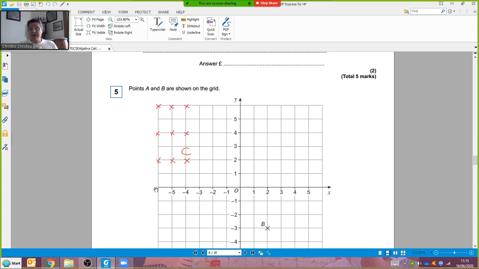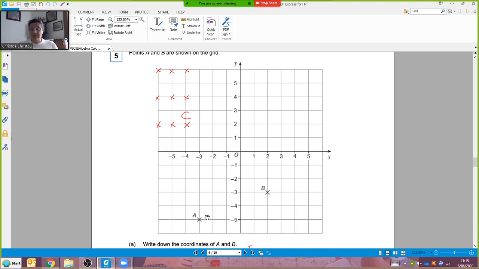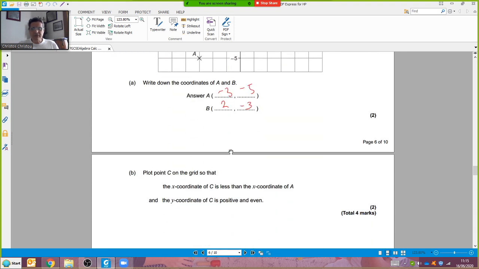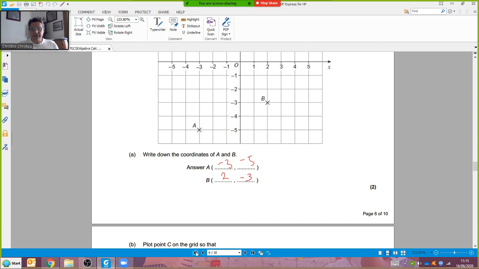You can go as far as -6 if you want to, because -6 is less than -3. Yeah? (-6, 2), (-6, 4), and (-6, 6). There's your 9 possible answers. But these 4 here are the best ones, because they're definitely within the grid themselves. Is that all right? Now let me close this off, then we can take questions if you feel you need to.